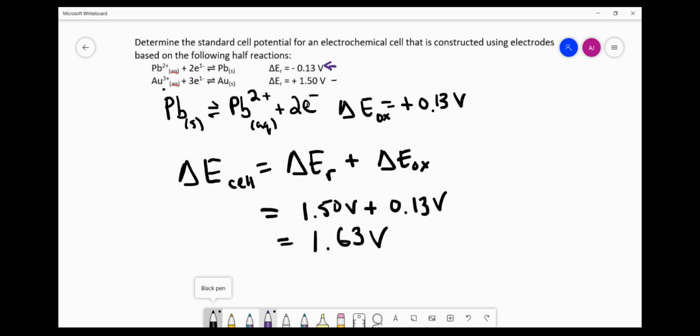I reversed the reaction which had the lower or more negative reduction potential and rewrote it and flipped the sign on its potential as well to make it an oxidation potential. To find the standard cell potential, I summed the reduction potential and the oxidation potential to get my standard cell potential. So in this reaction here, 1.63 volts would be produced.